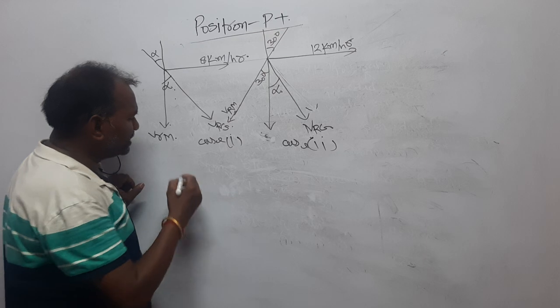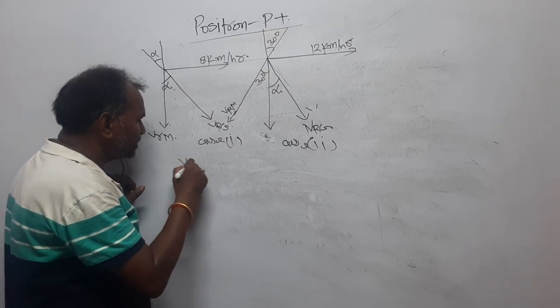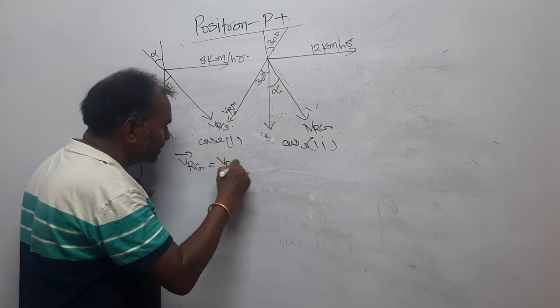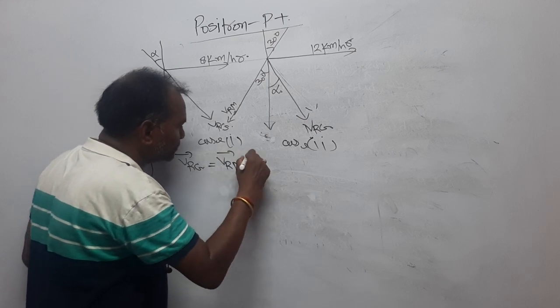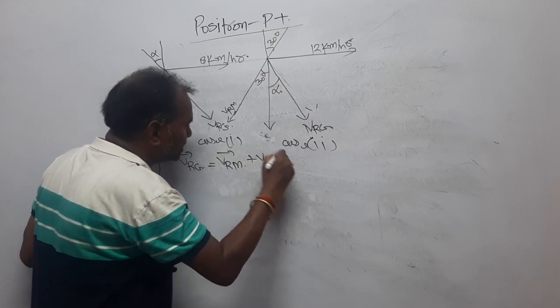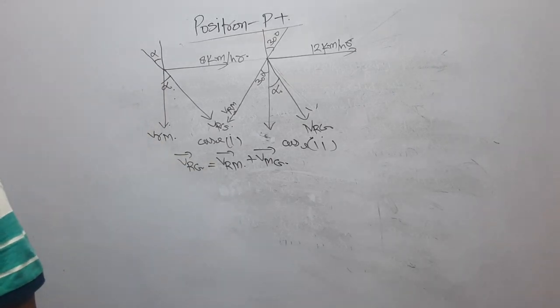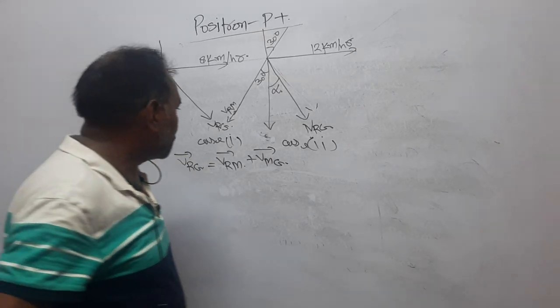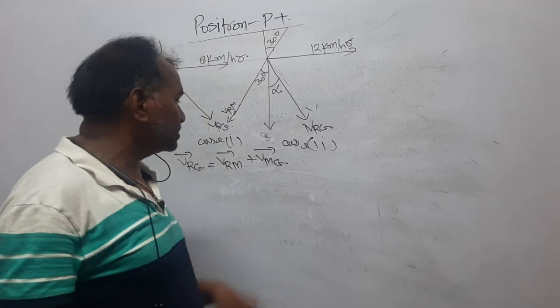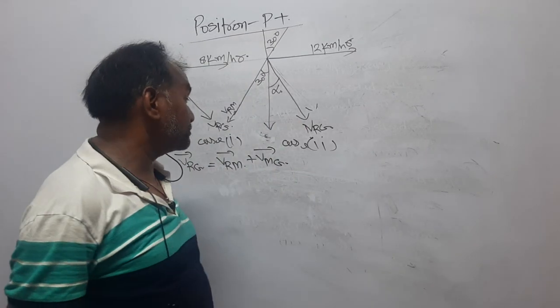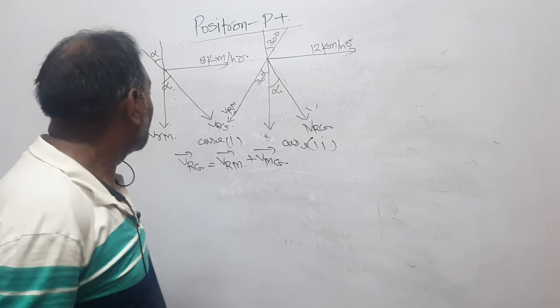Dear student, again I am writing velocity of rain with respect to ground. You can write that as velocity of rain with respect to man plus velocity of man with respect to ground. Same idea I am following. Velocity of rain with respect to ground is equal to velocity of rain with respect to man plus velocity of man with respect to ground.